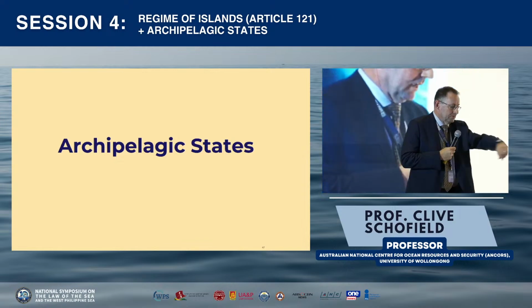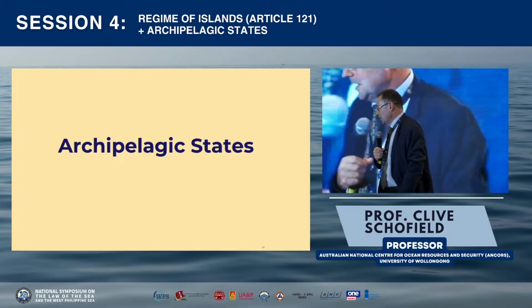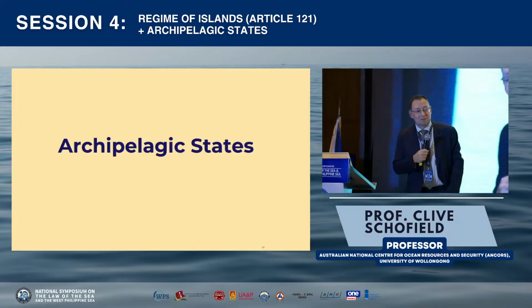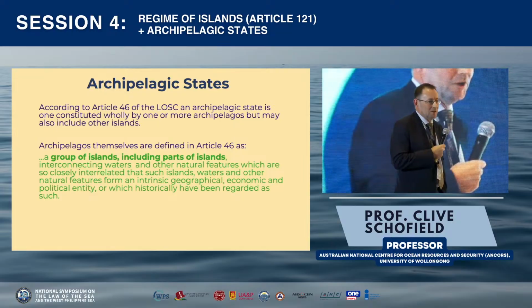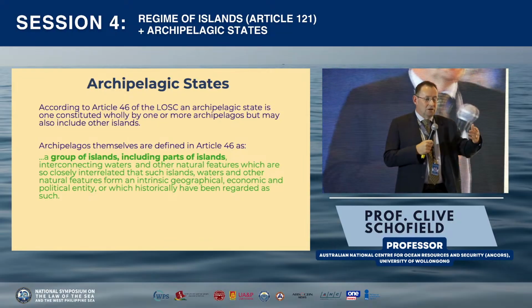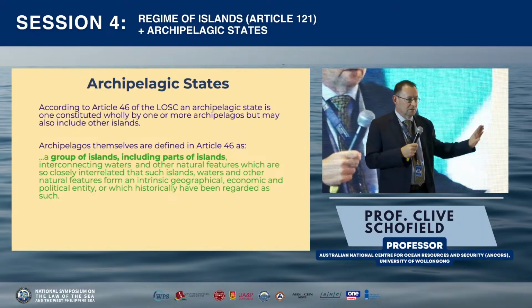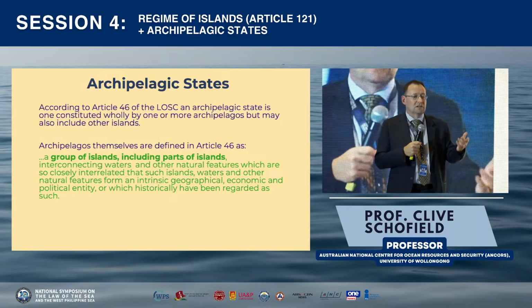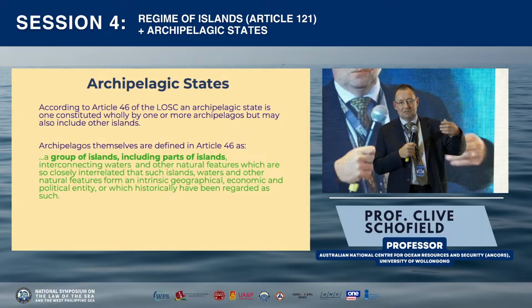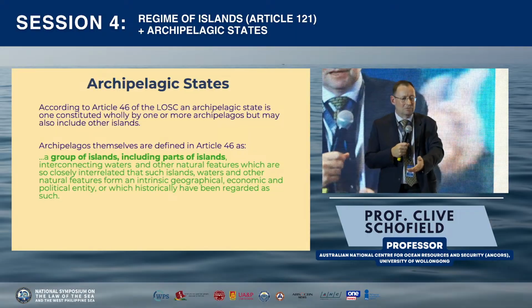Now, I have a little time left to deal with archipelagic states, and only about another 80 slides. As we've heard earlier this morning, archipelagic states are states composed of islands or parts of islands in the definition, Article 46. The reason for the odd terminology is, of course, Indonesia, which has sovereignty over part of the island of Borneo, but not the whole of it, part of the island of New Guinea, but not the whole of it.